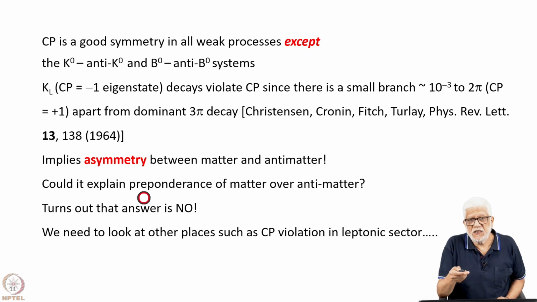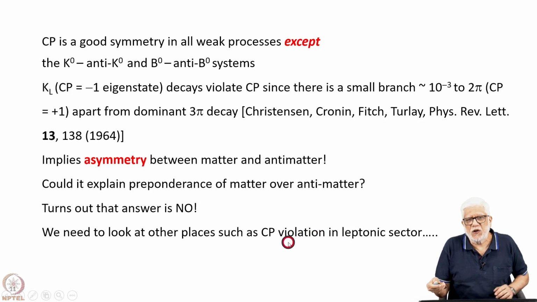However, this particular decay that is seen is not enough to explain this asymmetry, and we have to look for other places, including in the leptonic sector. For instance, is there CP violation in the neutrino sector? And if that is found to be there and large enough, then maybe through processes that violate lepton and baryon number, you can get this asymmetry between matter and antimatter.